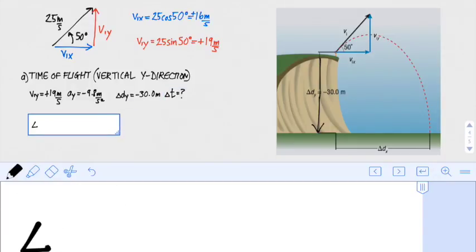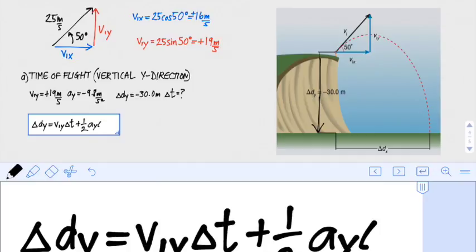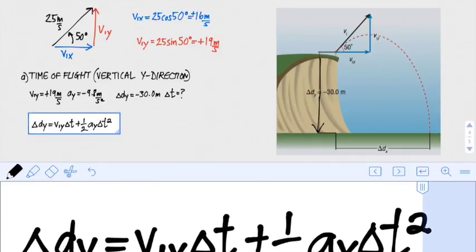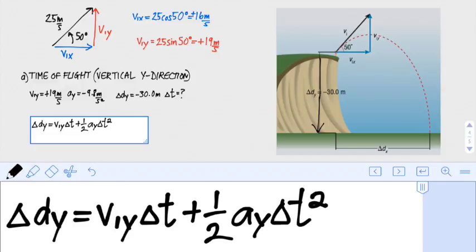We use equation number 3 as it incorporates every variable that is given and every variable that's required. Delta d is equal to v1y delta t plus 1/2 ay delta t squared. Now we're trying to solve for delta t, and delta t appears twice in this equation.